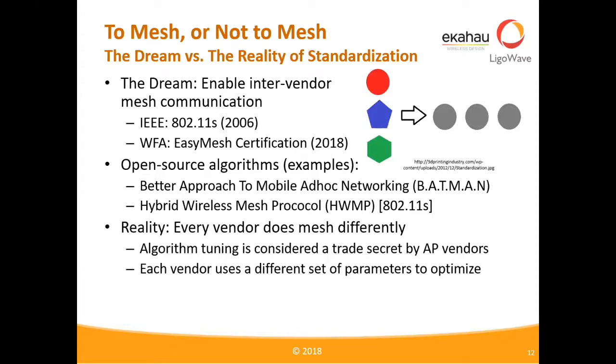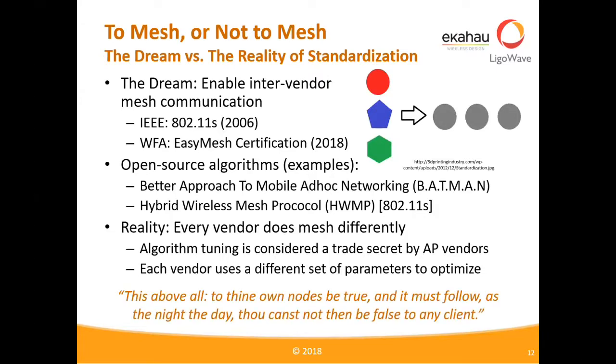But every vendor does this differently, and it's usually considered a trade secret. So they're generally not going to tell you exactly what they're doing. And as a result, every vendor is using a different set of parameters to optimize. So the idea of being able to standardize mesh across different vendors, quite honestly, is a pipe dream. It's never going to actually happen in practice.